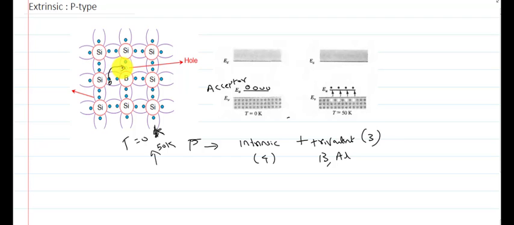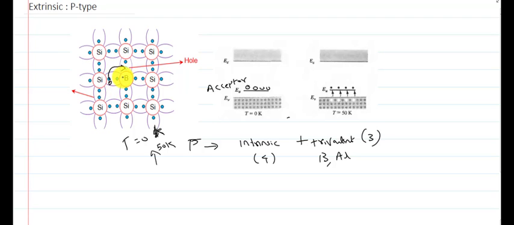Actually a hole cannot move. If we look at the structure, the position of the hole is here, but after the temperature is increased, the hole position has changed to this. So here the majority carriers will always be holes. We can see the holes are moving, the position of the hole is changing. So we are considering holes also as charge carriers. Electrons and holes are charge carriers.